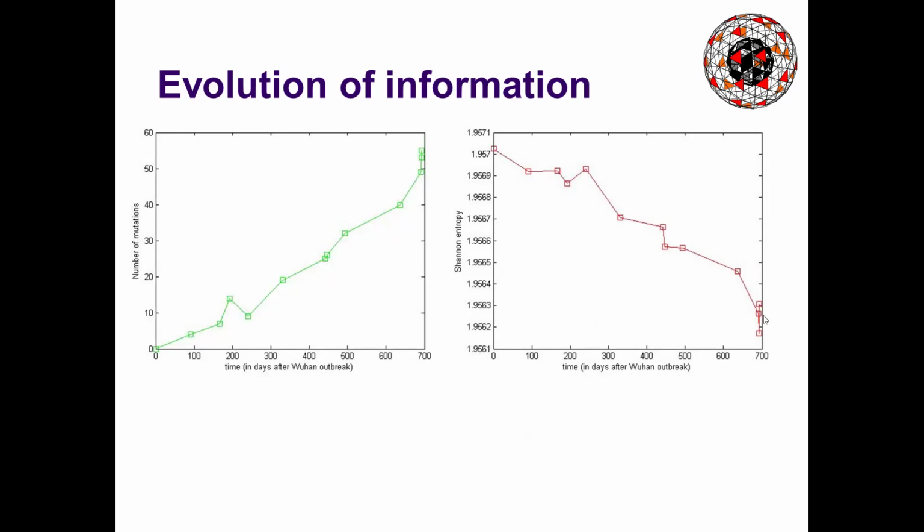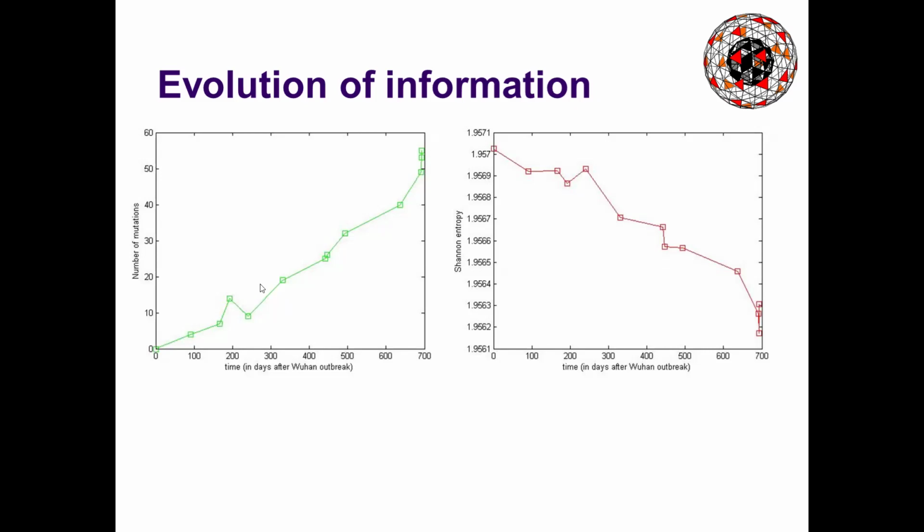At the same time, the Shannon entropy was almost linearly decreasing, which means that these strings, these genotypes, were becoming less balanced. If they were converted into binary strings, there would be more zeros than ones as time goes on, or vice versa, which clearly says that the information is evolving.